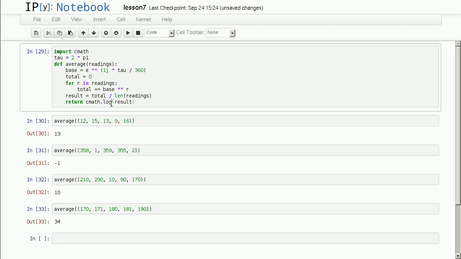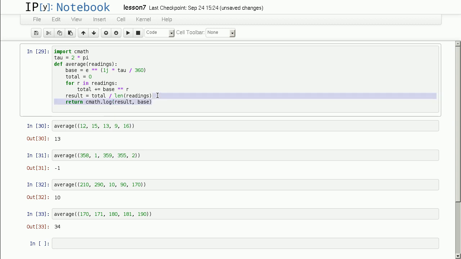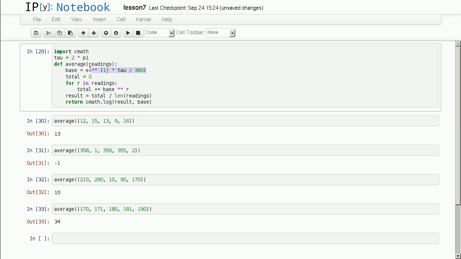And I use the log function from the cmath library specifically. And I'm doing one thing wrong here I have to fix. I want this logarithm to be with respect to my base. So it's a logarithm base this thing.